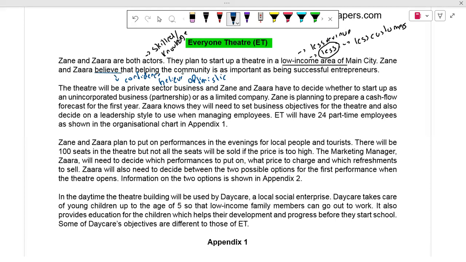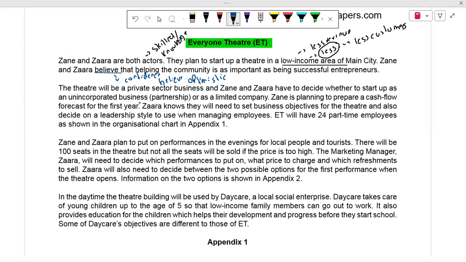Because if you are not positive about your work, if you always put your mind into negative thinking, how can you start a new business? Your confidence level will be low. So confidence, belief, or being an optimistic entrepreneur will boost your confidence further.